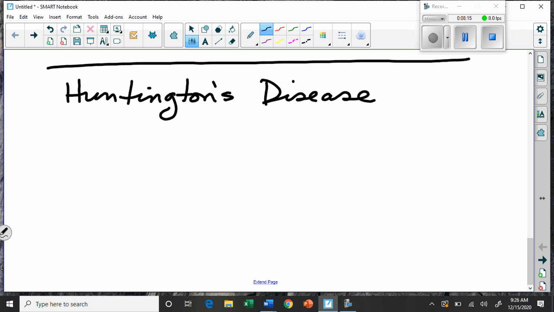Huntington's disease is a serious disease that causes the brain to sort of degrade over time. It takes a while, maybe 15, 20 years, and so you end up with all kinds of issues, and it's eventually lethal.